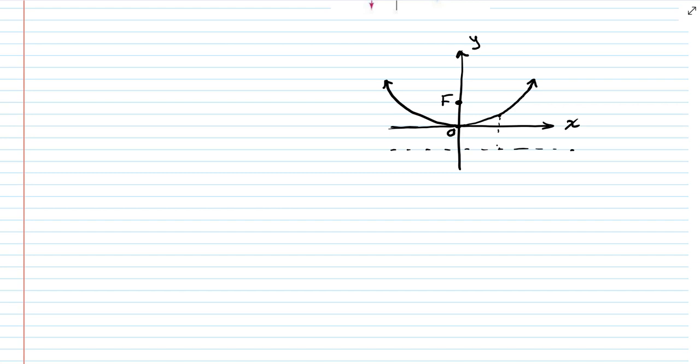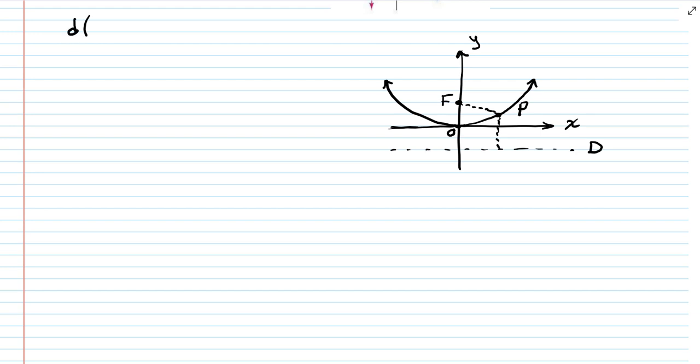And this is my point P. Okay, that's what this point P is. So the distance from P, and this is D, the directrix, I try to do my best to make those two distances the same or equal.